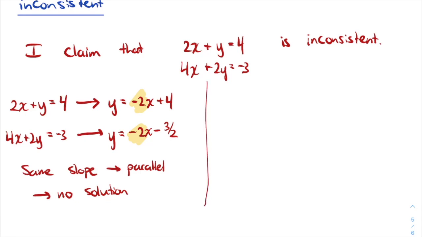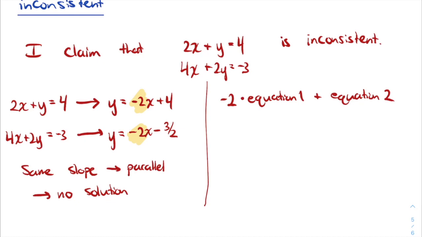How else can we see that this is inconsistent? Well, let's take negative 2 times equation 1 plus equation 2.